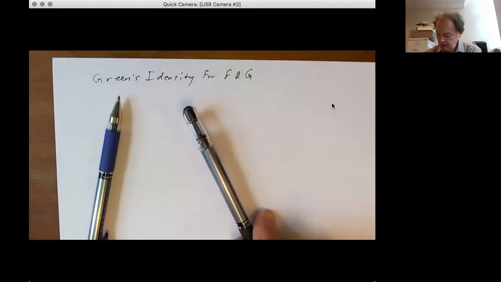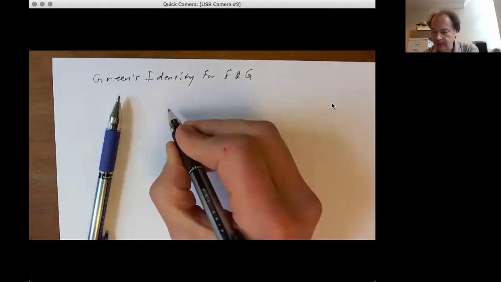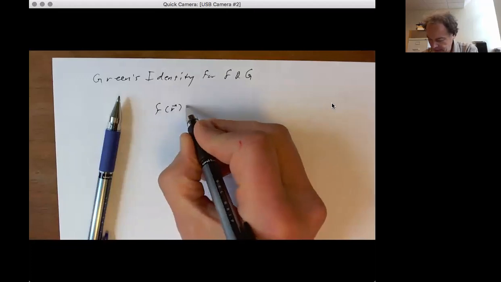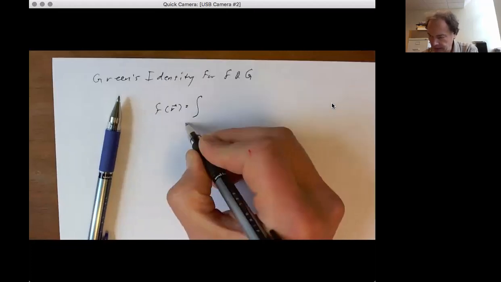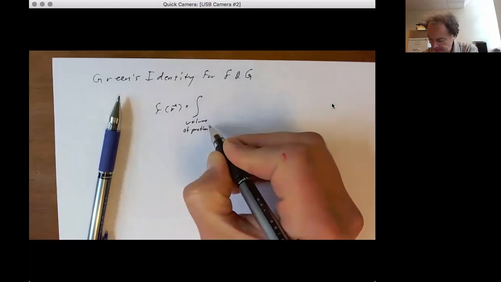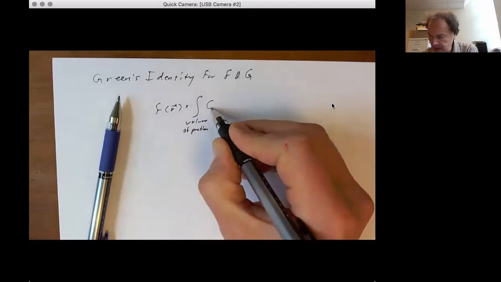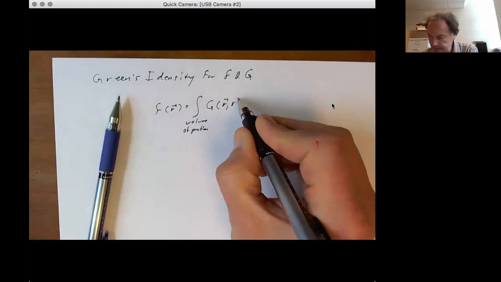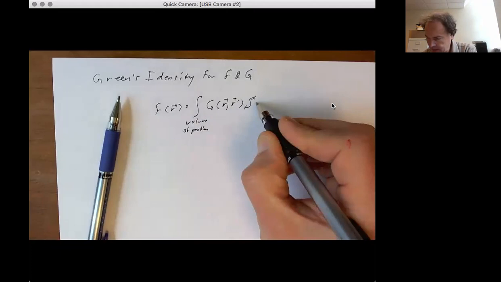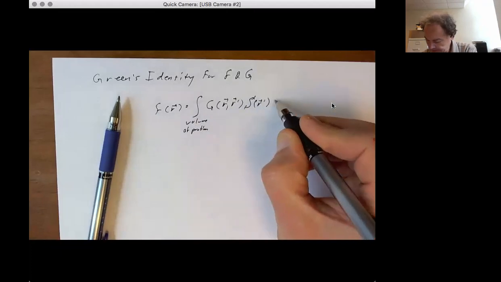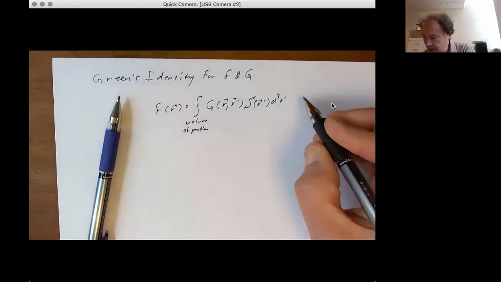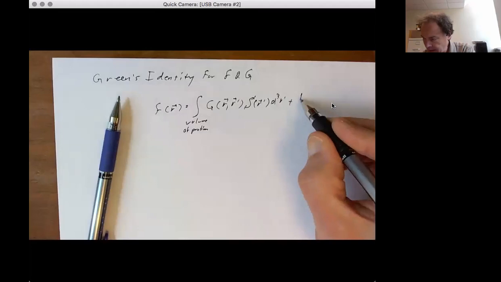So if I write down Green's identity, it goes something like this. F of r is equal to the integral over the volume of the problem of G(r, r prime) S of r prime d cubed r prime, we're in 3 dimensions, plus 1 over 4 pi.